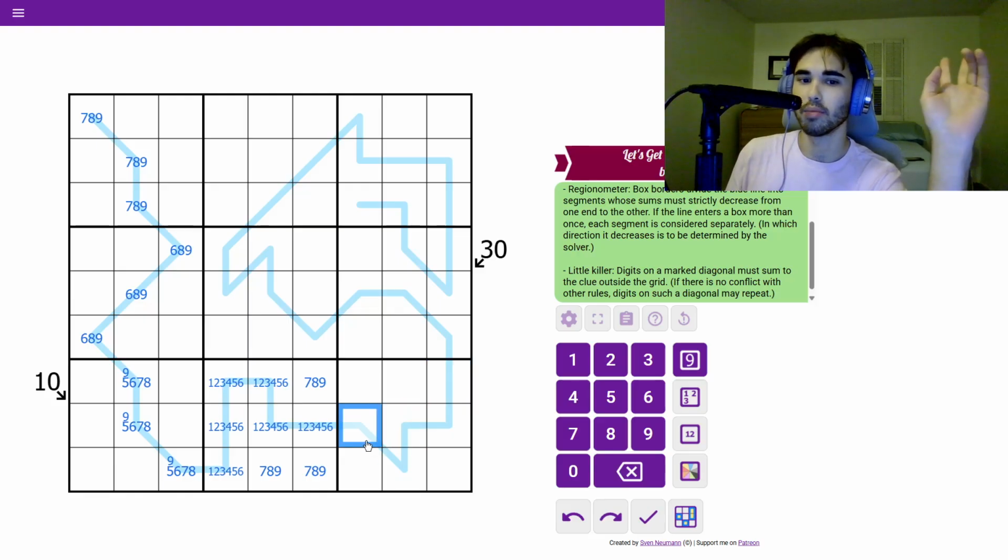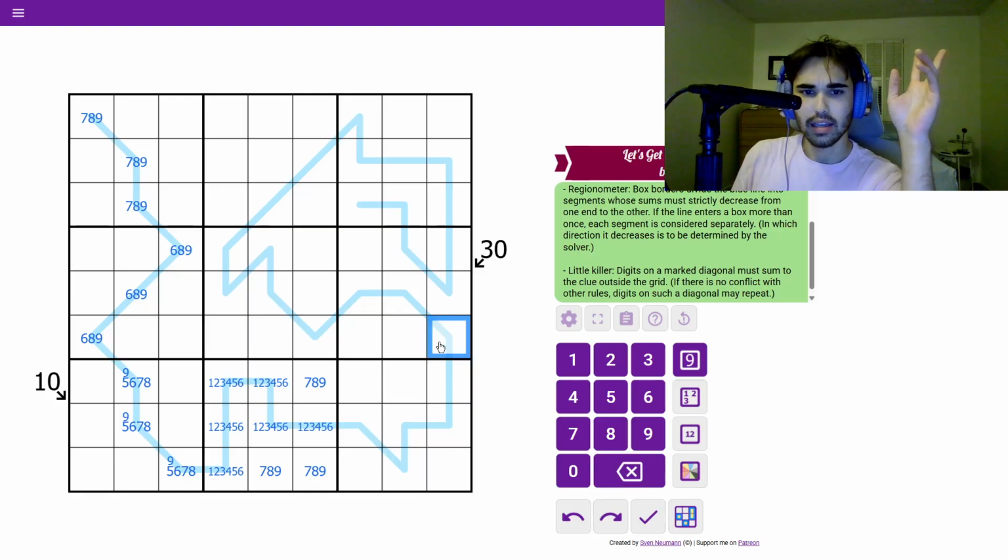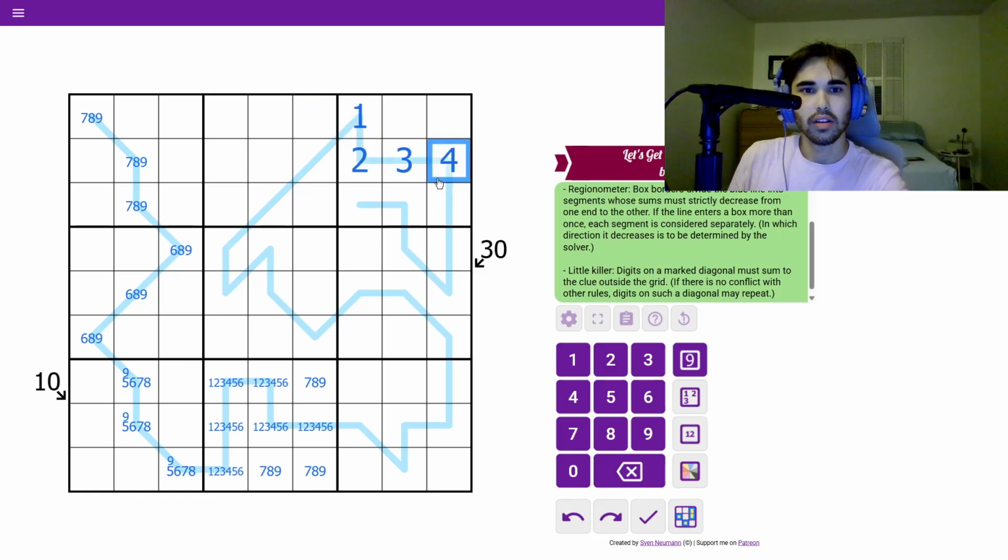It's 19 or 20. But does 19 work? 19, 18, 17, 16, 15. And this is what I was trying to find out earlier, because 15, 14, and then 13, you could still do 6, 7. It's a bit annoying. You could make that work.